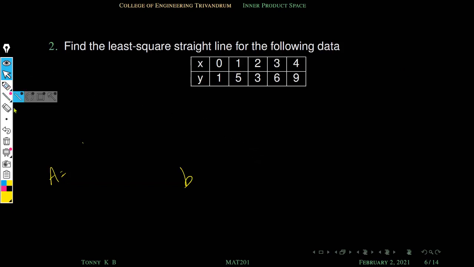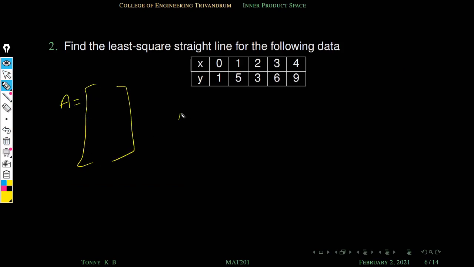Okay, what is A? What will A be here? What is the matrix A? In this case, what is A and what is X and what is B? We have to find the best straight line y is equal to mx plus c.